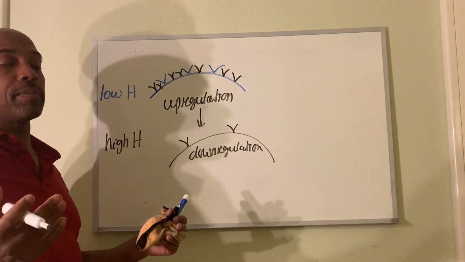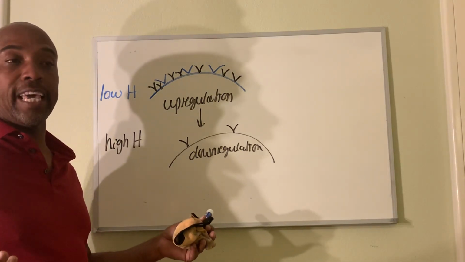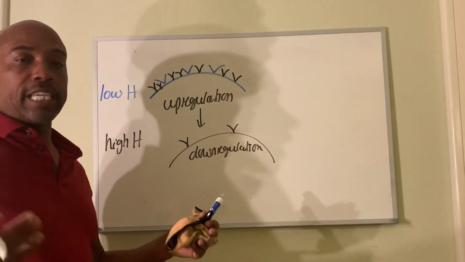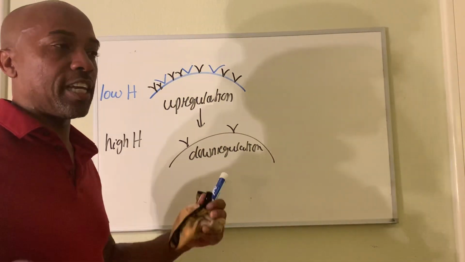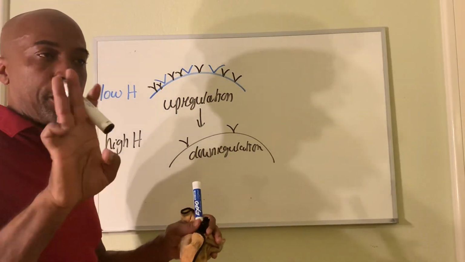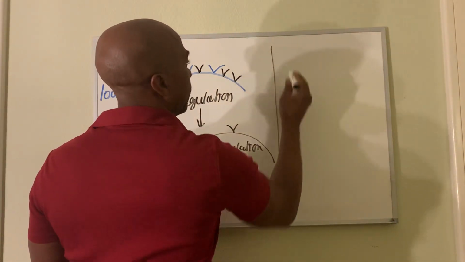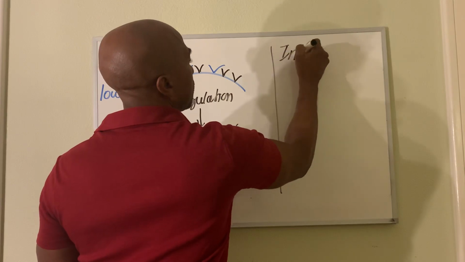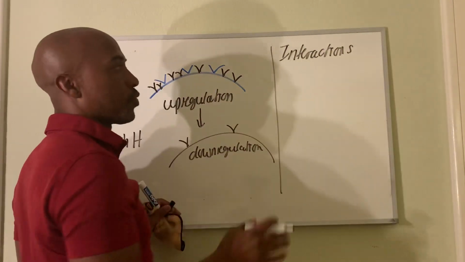Another thing I want to talk about is that these hormones also can interact with each other. For example, the same cell may respond to 2 or 3 hormones. And so when they are acting simultaneously on the same cell, they have an effect. And these interactions can be defined in three ways. So we have interactions between hormones, all right?